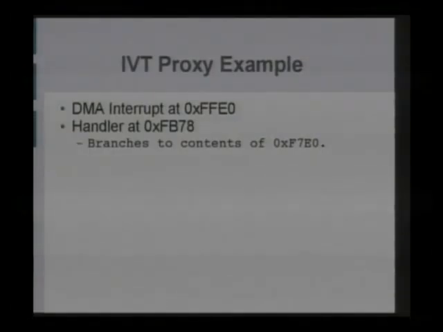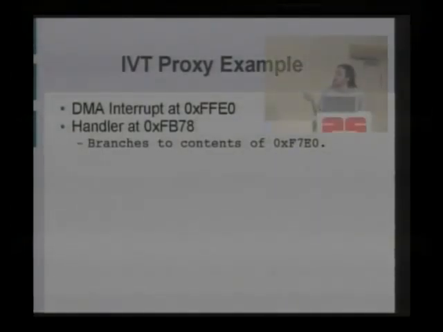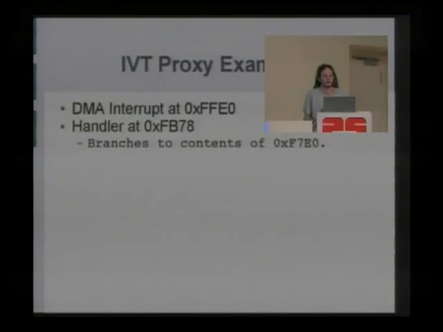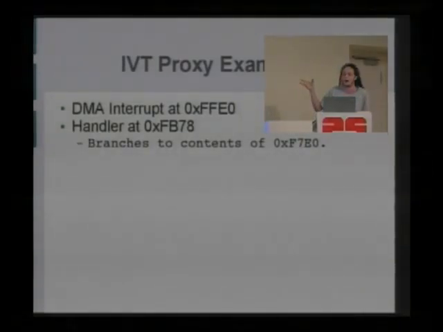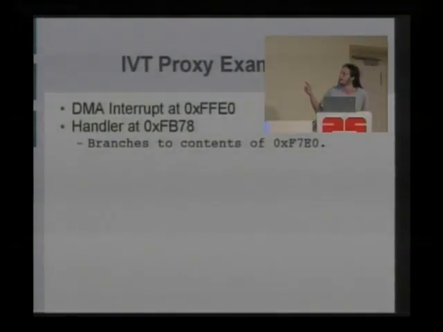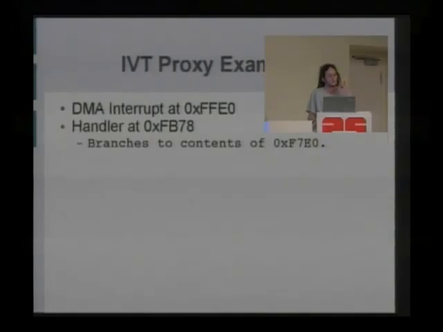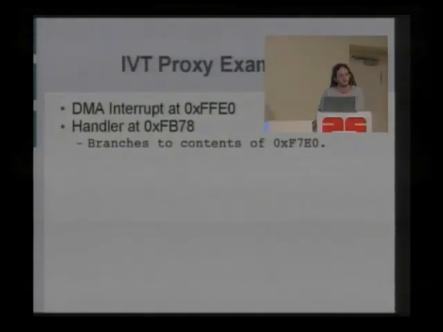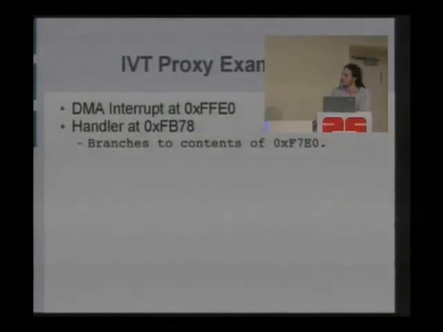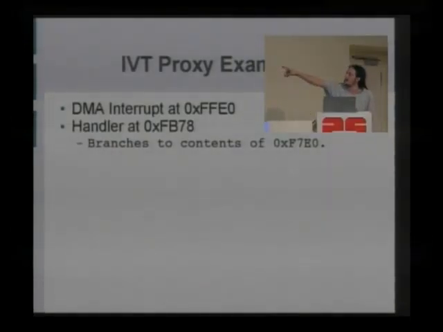And the interrupt proxying is performed by handler functions. So, for example, the DMA access interrupt occurs at 0xFFE0. So at that address, there is a 16-bit word that is the address in memory that execution should flow to when the interrupt fires. And the handler is at FB78.